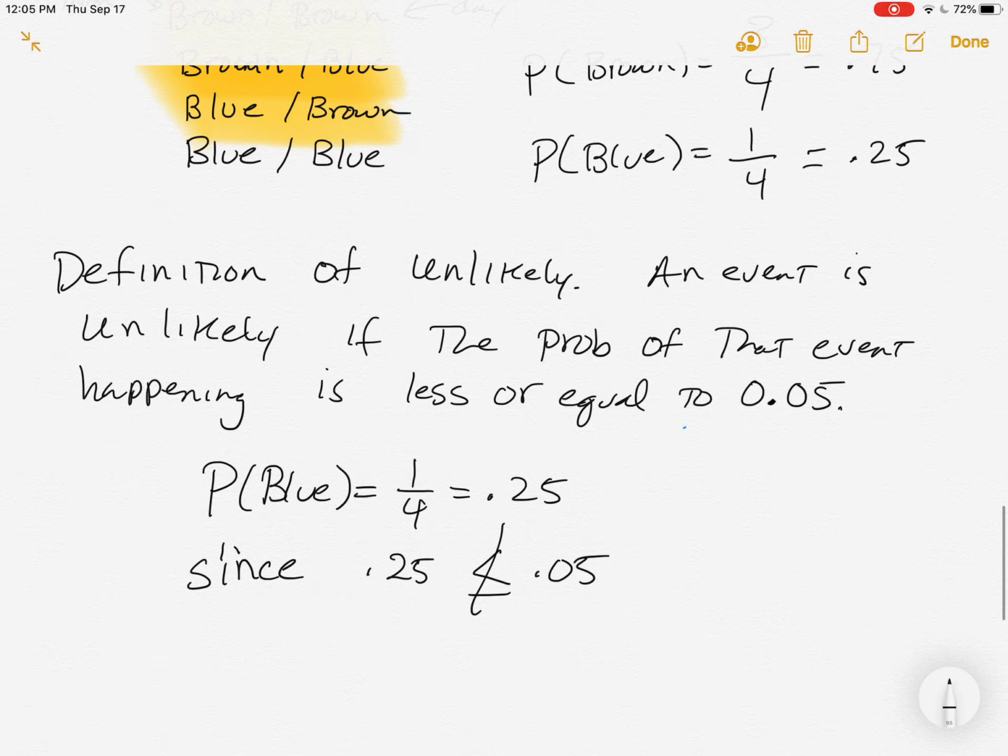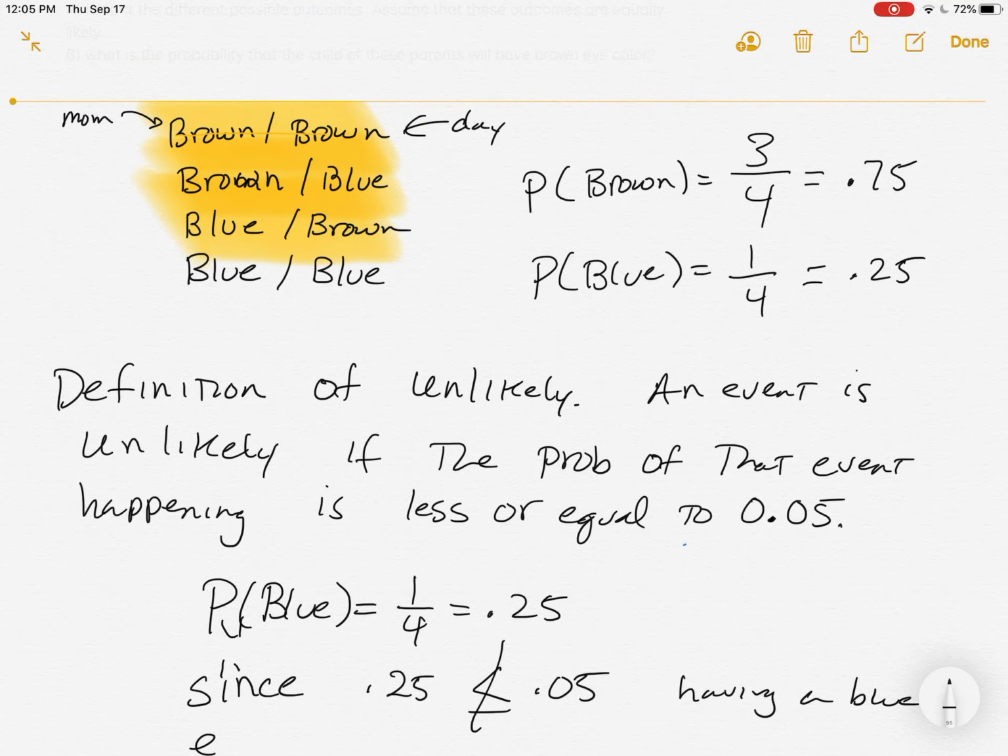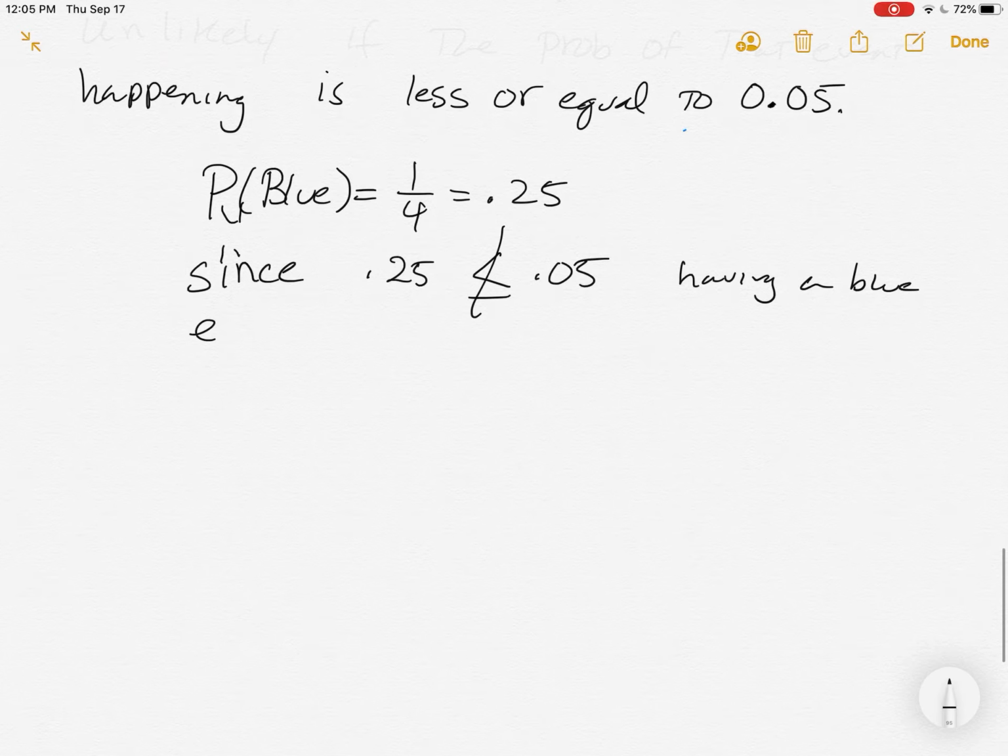So since it's not less than that, having a blue-eyed child is not unlikely. It will happen 25% of the time, right? And so we just want you to have that hard and fast rule, so you'll be able to apply that as we go forward.